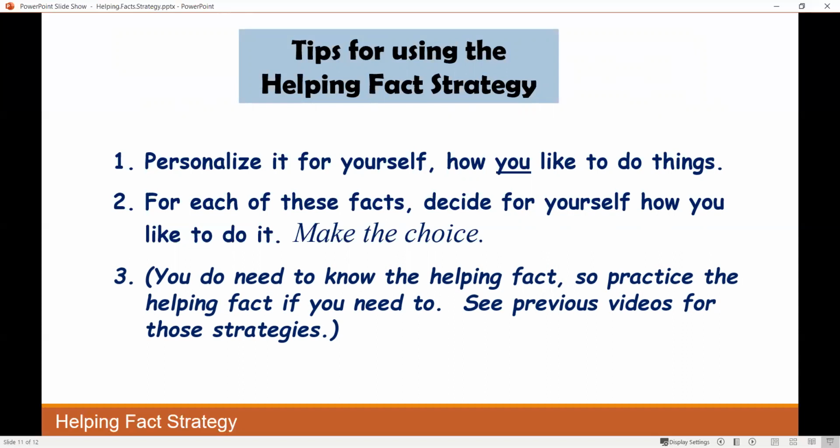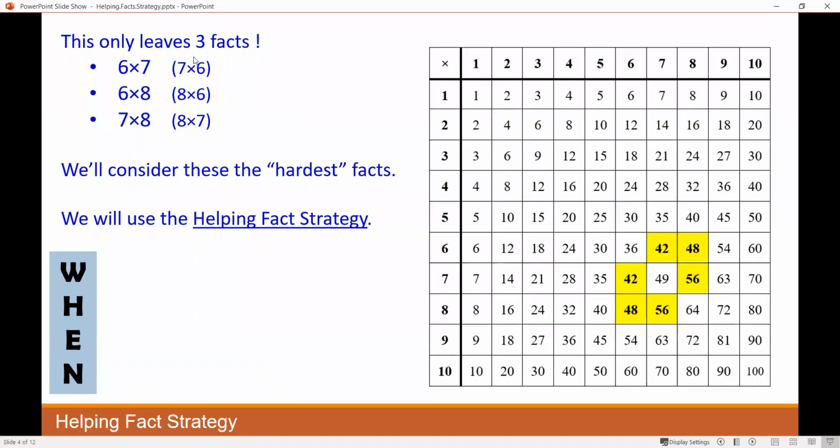Now, you may need to know the helping fact. So you may have to go back and practice your squares or your 5 facts or whatever helping fact you like to use. See the previous videos for those strategies. Now, you might think that, well, this is just 3 facts, 6 times 7, 6 times 8, and 7 times 8.